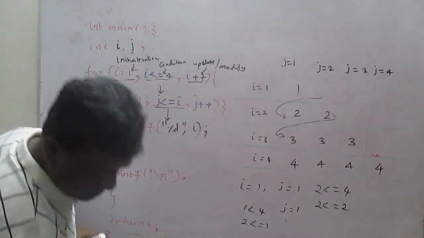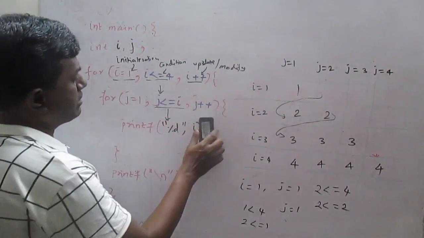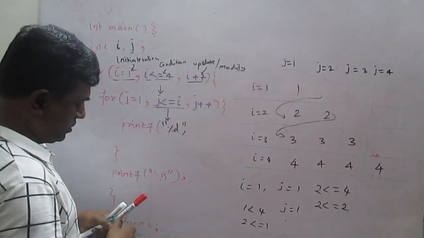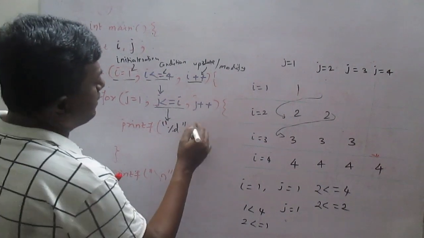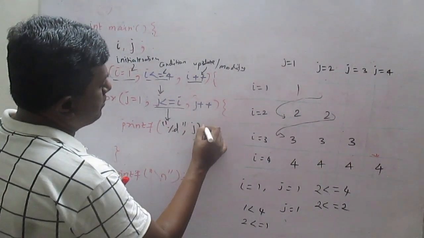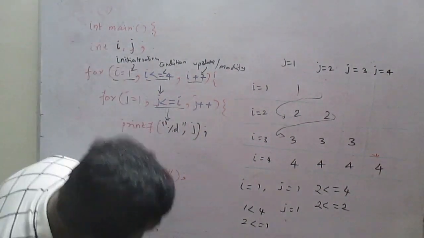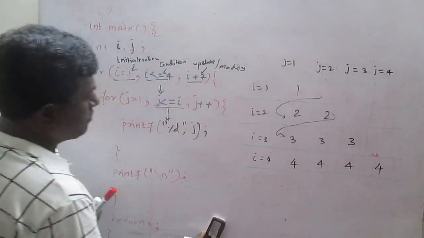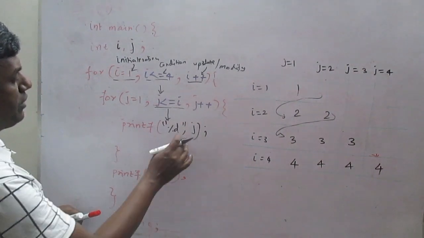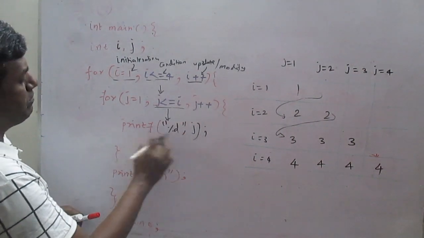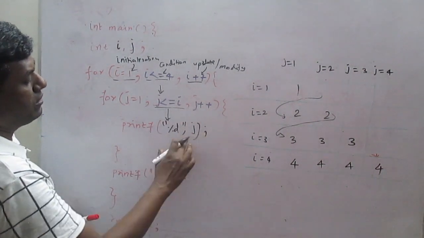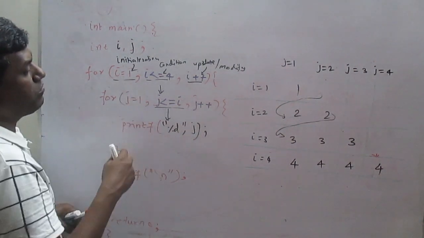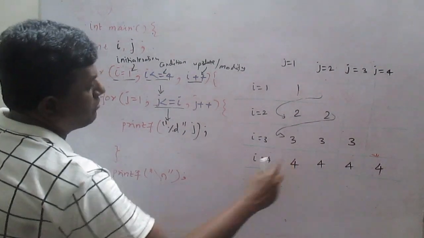Now we have the printf, and instead of i, we are replacing it with j.